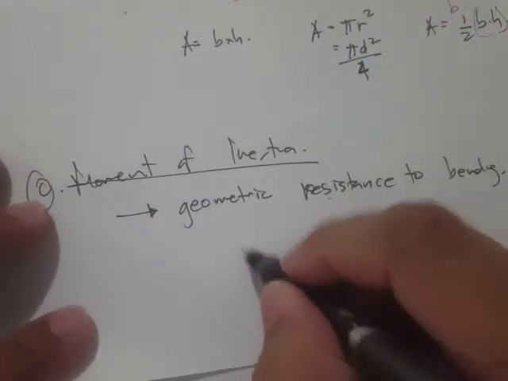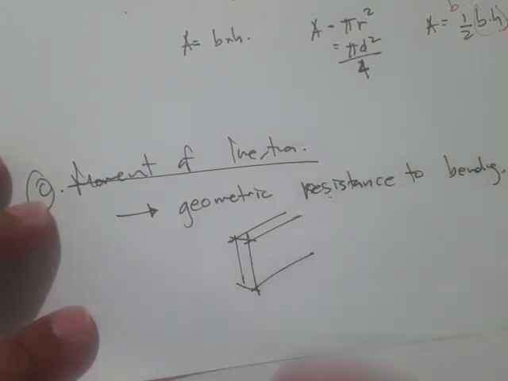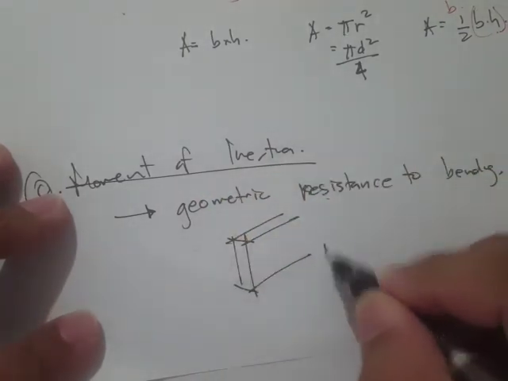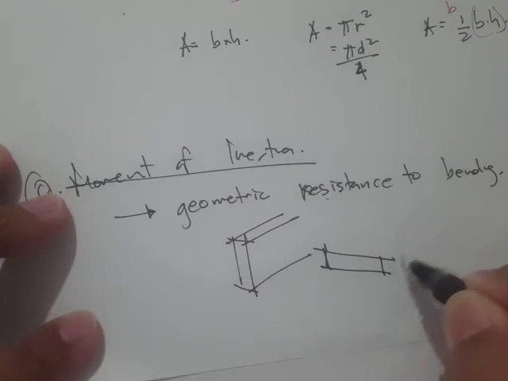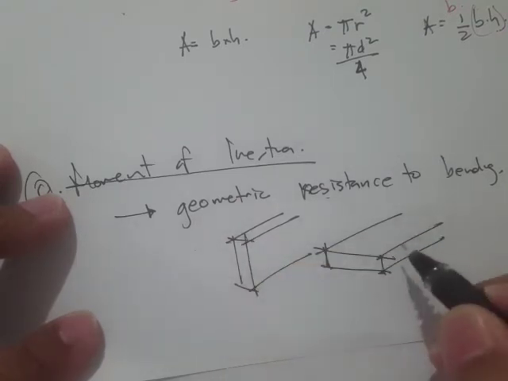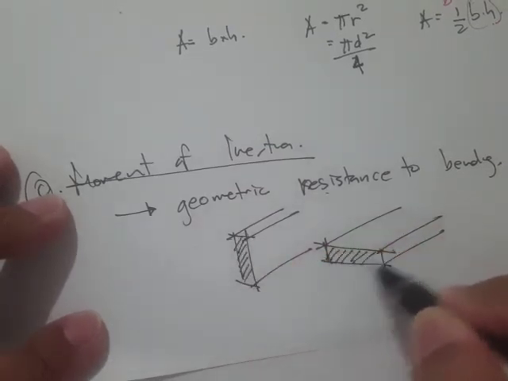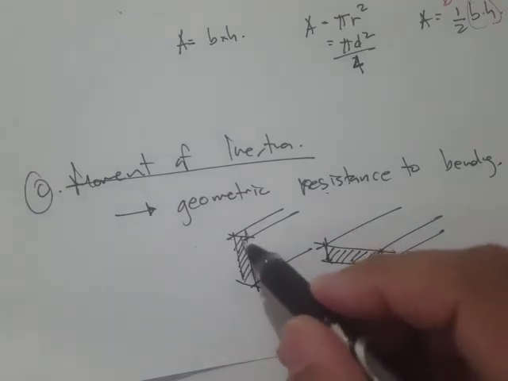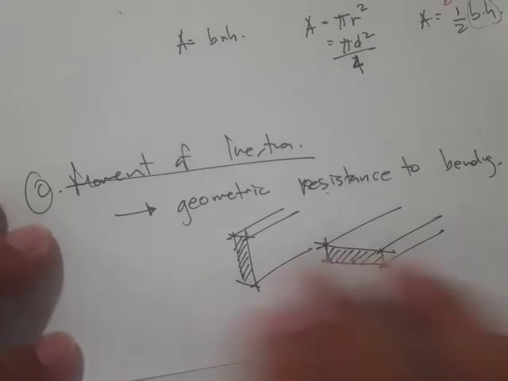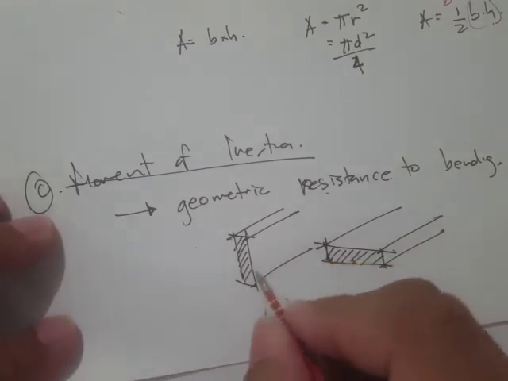For example, we have this cross-section, the same geometry, except that one is oriented in this position while the other is oriented in this position. They have the same cross-sectional area and the same base and height, except for the orientation.